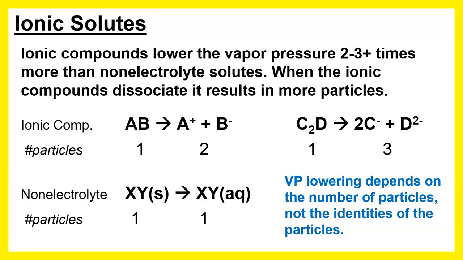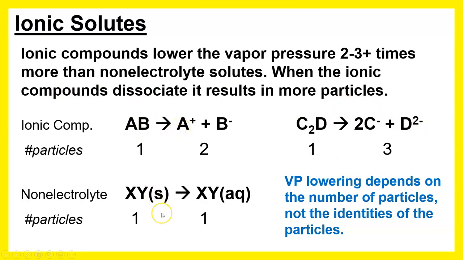So if you look here, AB starts as one particle, breaks apart into two. Compare that to over here. We have one particle, and now it's broken apart into three different things. This will have a larger effect on our vapor pressure lowering than AB did.